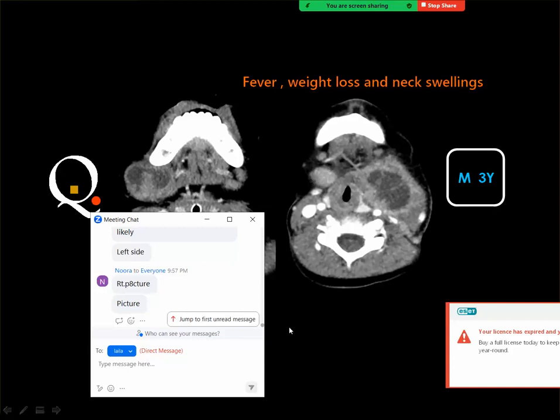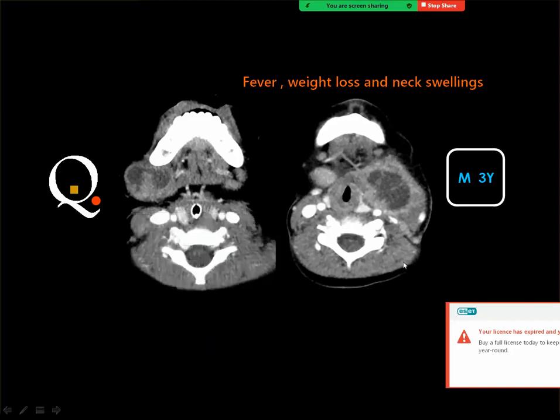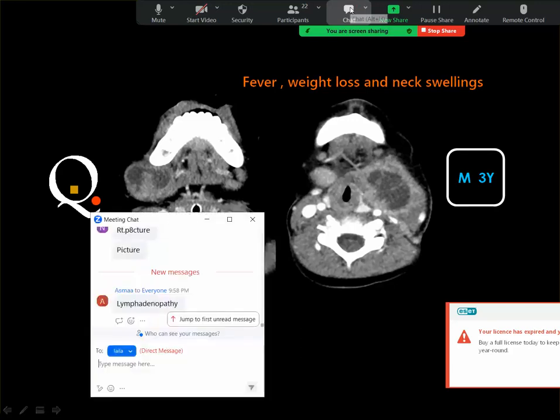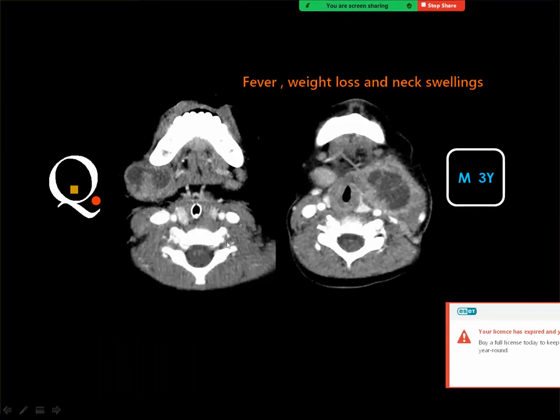I don't understand these answers, but okay, let us answer this case about the child, 3 years old with neck swellings. Yes, these are lymph nodes, of course, because they are located at the anatomic sites of lymph nodes around the submandibular salivary gland and deep to the sternomastoid muscle.